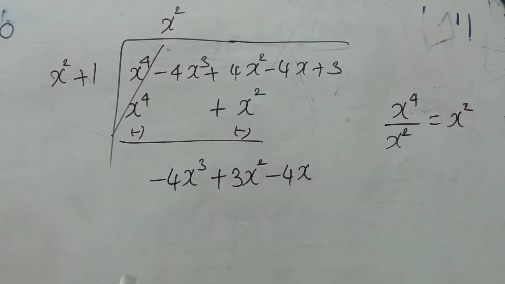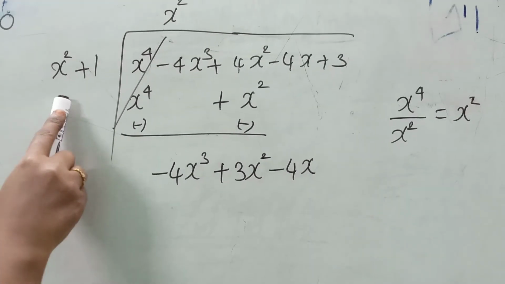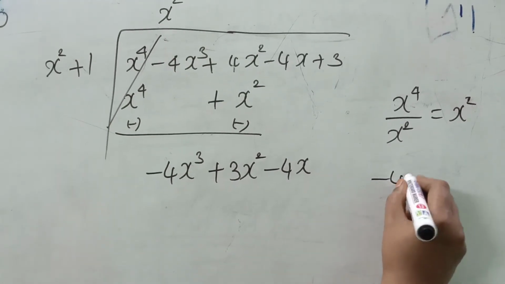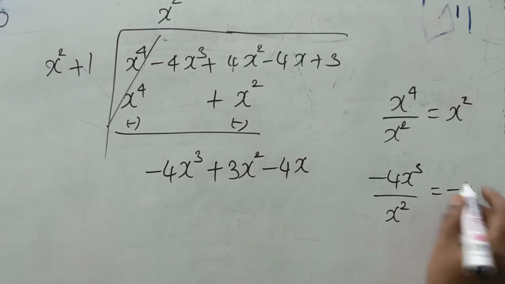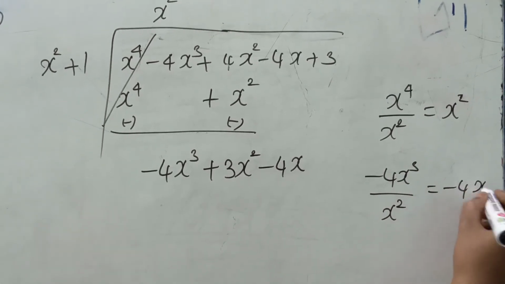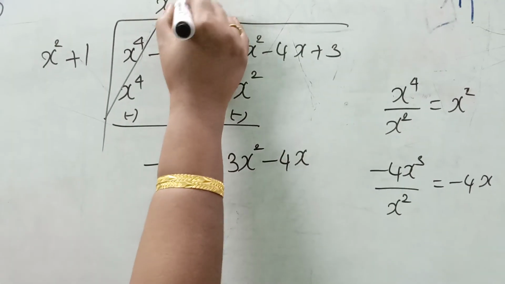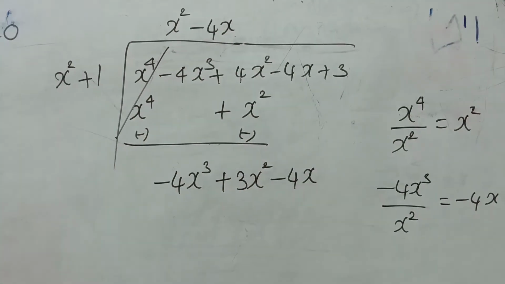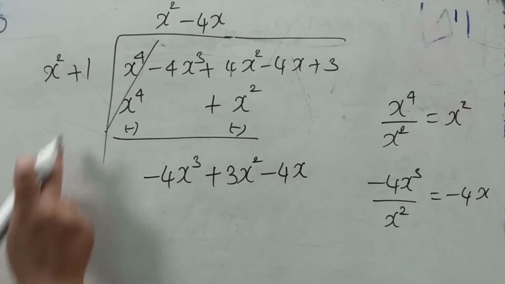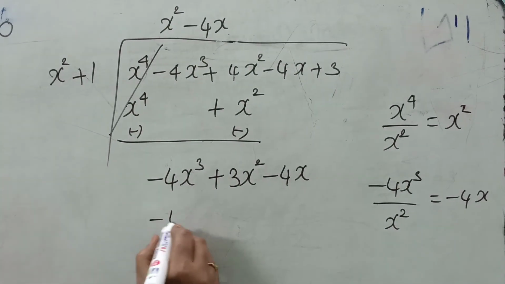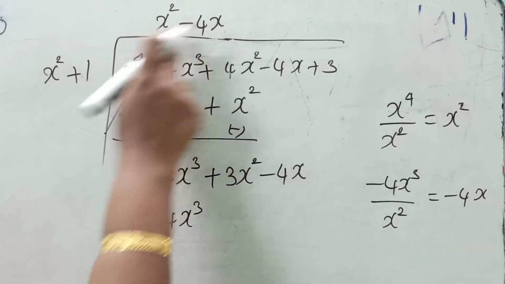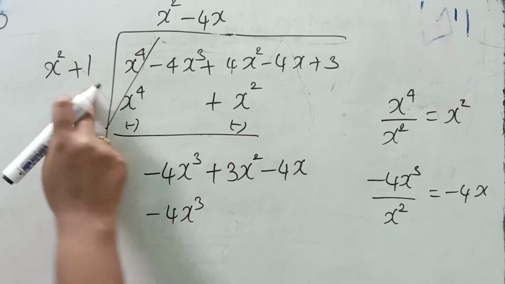Again divide minus 4x cube divided by x square. Minus 4x power 3 divided by x square, which is equal to minus 4x. X cube by x square is x. That you write in the quotient place. Minus 4x. Multiply the divisor by minus 4x. Minus 4x into x square is minus 4x power 3, minus 4x into 1, minus 4x.